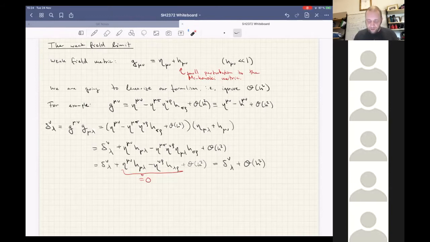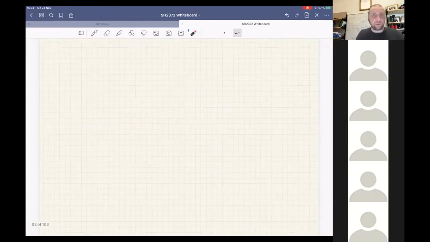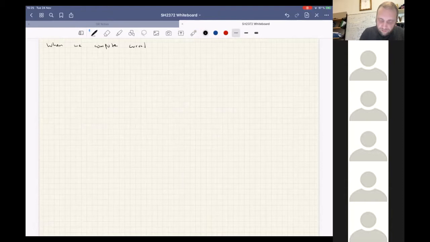Okay, so this is just a linearization. We can do the same thing when we're considering the Christoffel symbols. One thing to notice here is that when we compute curvature, if you remember the expression for the curvature tensor, I'm not going to write out the indices here.